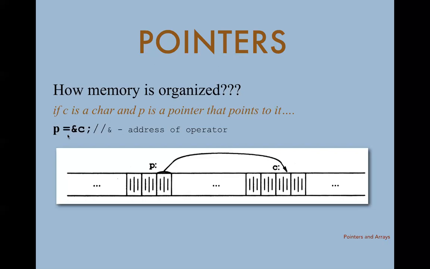So when I say address of C, it will take the memory address where this variable C is located and assign that address to P. That is, the pointer P is pointing to the variable C. P is holding the address of the variable C.